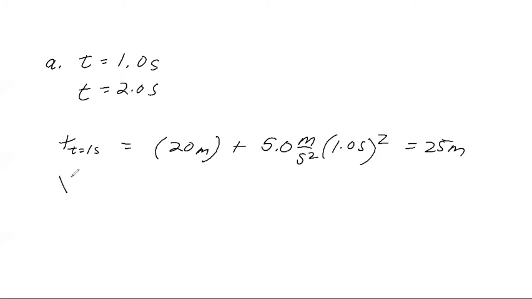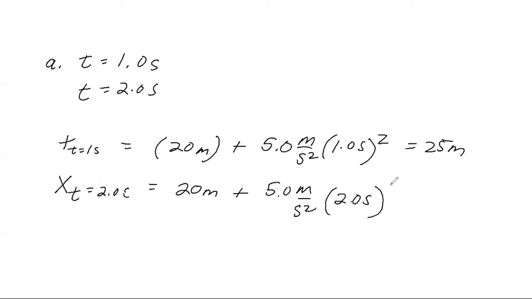All right, x at t equals 2.0 seconds is going to be 20 meters plus 5.0 meters per second squared times 2.0 seconds quantity squared. That will give us 40 meters.